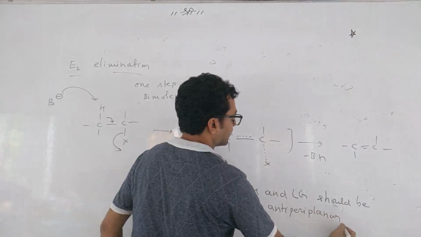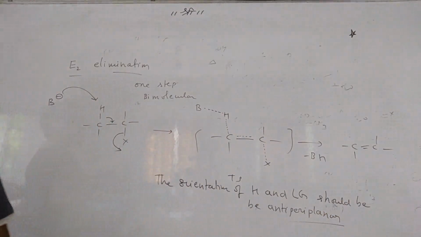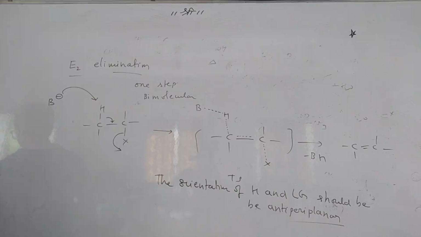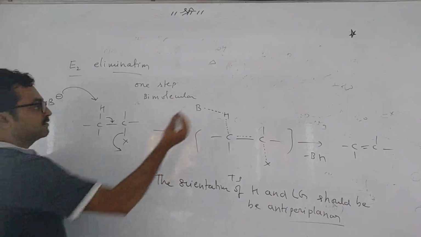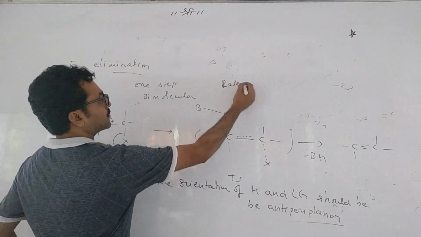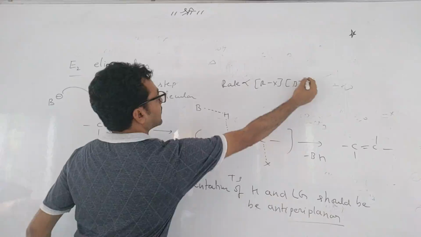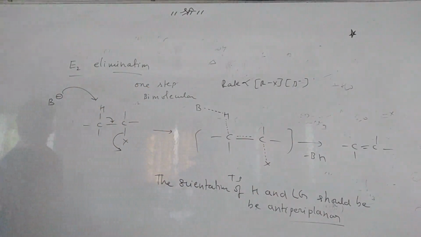This is the extra point which you learn in E2, but not in SN2. There also a transition state is formed. The rate is directly proportional to the alkyl halide and also the base concentration, children. That is why it is second order kinetics.